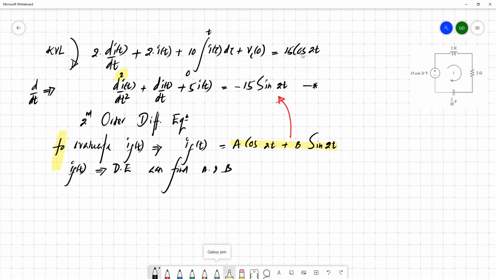If you have a force term like this, a sinusoidal excitation, a cos or sine term, we use this as the very generic trial solution. Keep in mind that this factor should appear here.